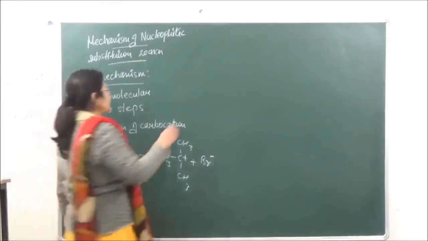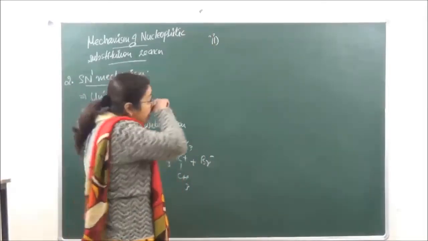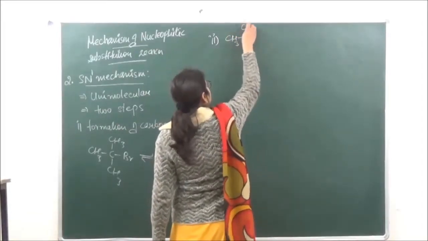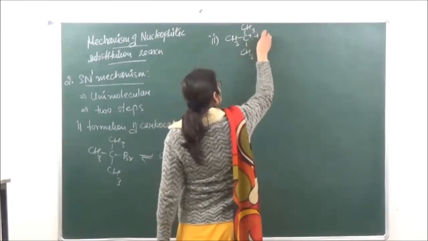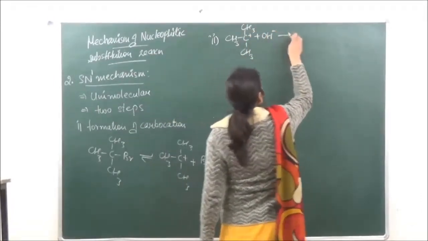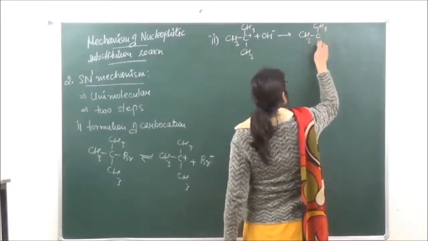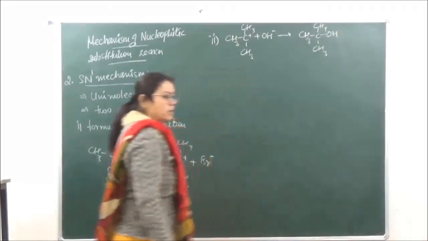And in the second step, the nucleophile is going to attack at the carbocation. So we have over here OH.